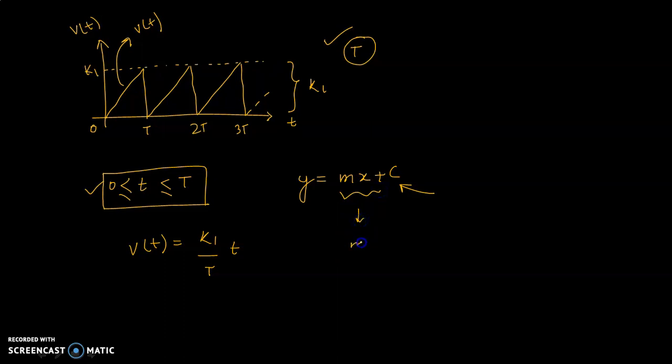M is your slope. Slope is found by tan theta, that is the perpendicular by the base.